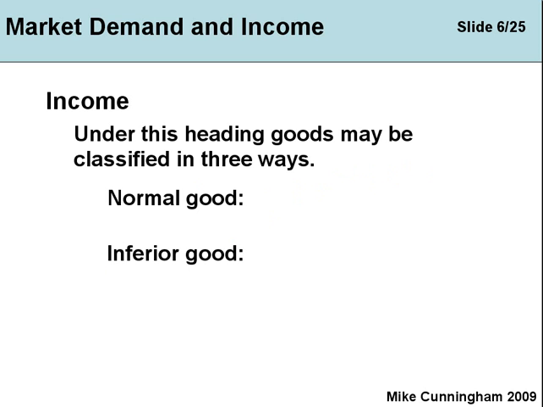The second one is inferior. Again, the word inferior doesn't mean anything bad about the product. And the third one is luxury goods. Again, perhaps not necessarily luxury the way your mind would suggest, just a relationship between income and demand. So we've got three types of relationship between income and demand, and these are called normal, inferior and luxury.